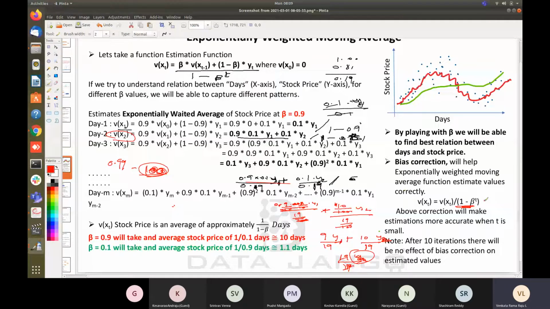If it is 0.9, it is no use. Only 10 iterations we can afford. We can afford to have some mistake in the first 10 iterations, right? So in the 11th iteration, what will happen? Let us take the 10th iteration.